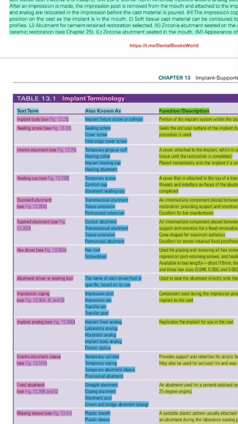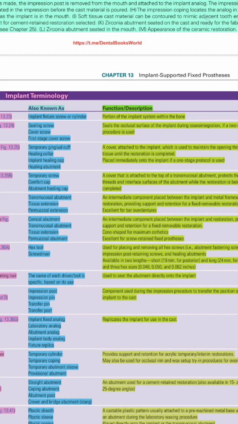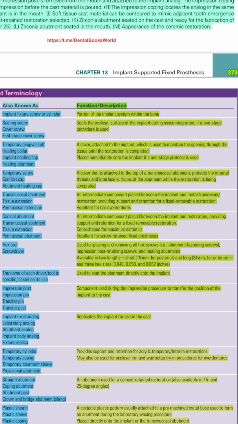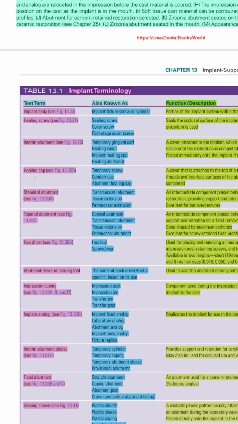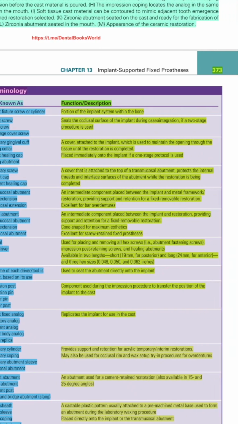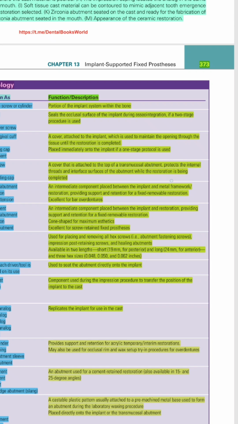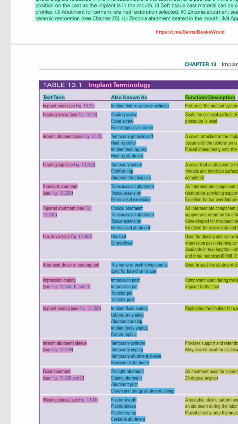We said there is a difference between an interim abutment and a healing cap. If we are using a one-stage surgery, we use an interim abutment, which is used to maintain the opening through the tissue until the restoration is completed. It is placed immediately onto the implant in a one-stage protocol, but when we have a two-stage protocol, we use the healing cap, which is attached to the implant to protect the internal threads, and it is used until the restoration is completed.